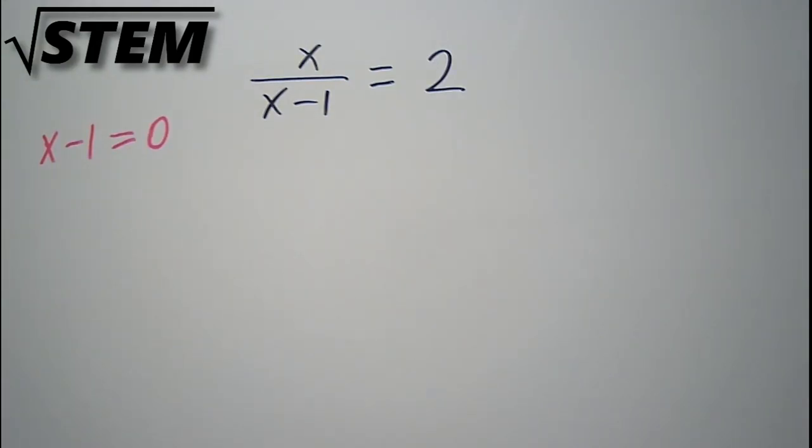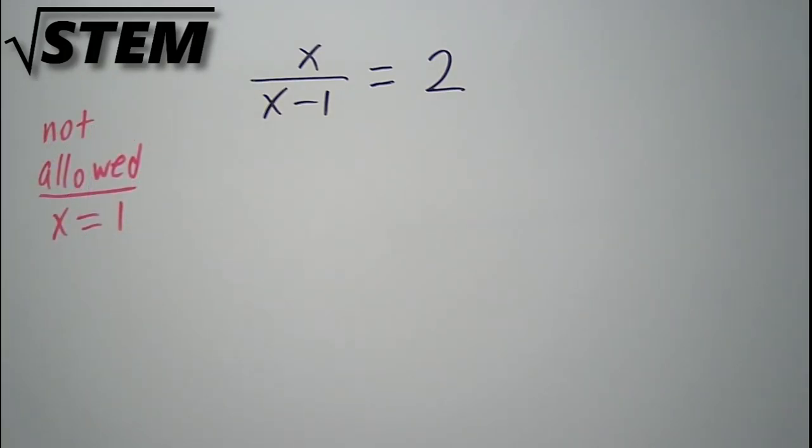Because we can never divide by 0, this will tell us what value of x is not allowed. And when we solve that mini equation, we'll find that x equals 1 is the one value that is not allowed. So we'll write that at the side of our problem so we can check it against our final answer.